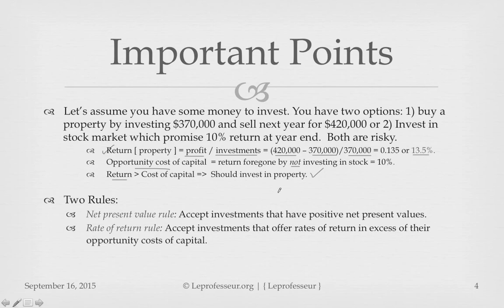because it is more. Now, two rules you remember: the net present value rule, accept the investments that have positive net present value. Okay. So, you should always check, this is very important, that if your present value is negative, then don't think about that investment.